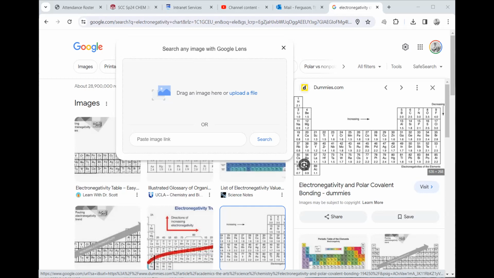Now there has to be some difference for a dipole to form. Now a dipole is a vector. And when you get into physics and more advanced chemistry, you start talking about forces, and forces have direction and they also have a quantity.